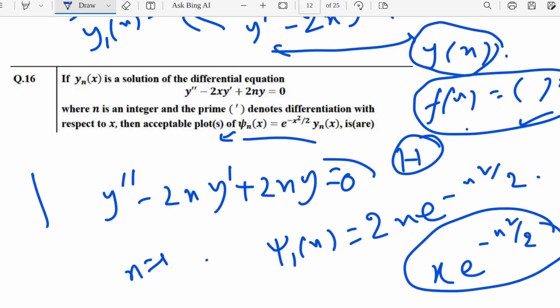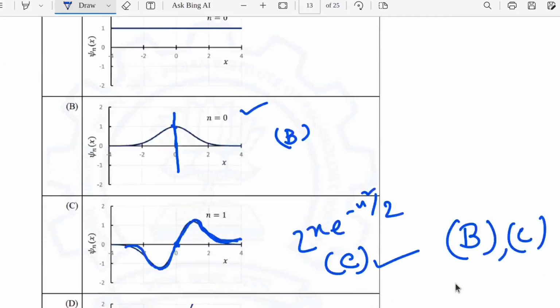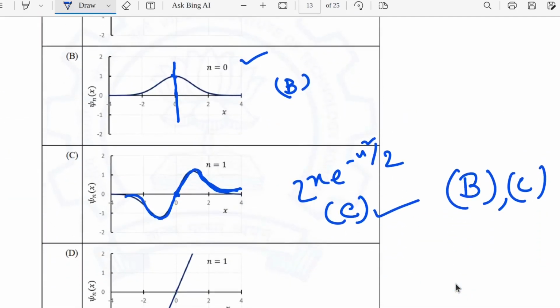How will it be? It will start from 0 and go up, and after some time it will go down. Similarly from here to here and there to there. So this is the nature of the n equals 1 plot. By seeing these plots, we can confirm that options B and C are the correct ones.